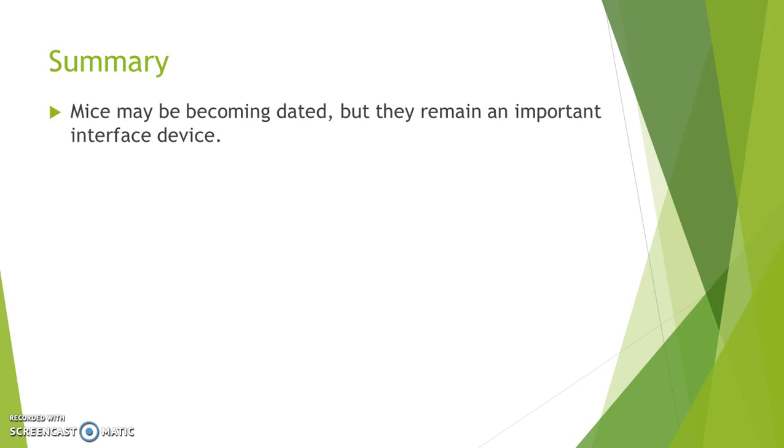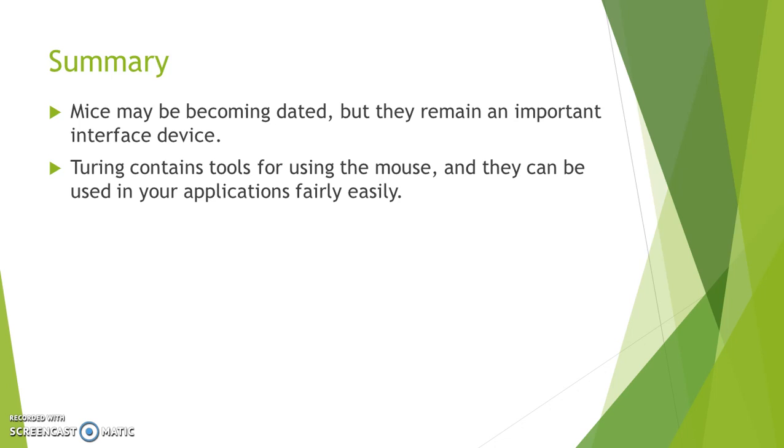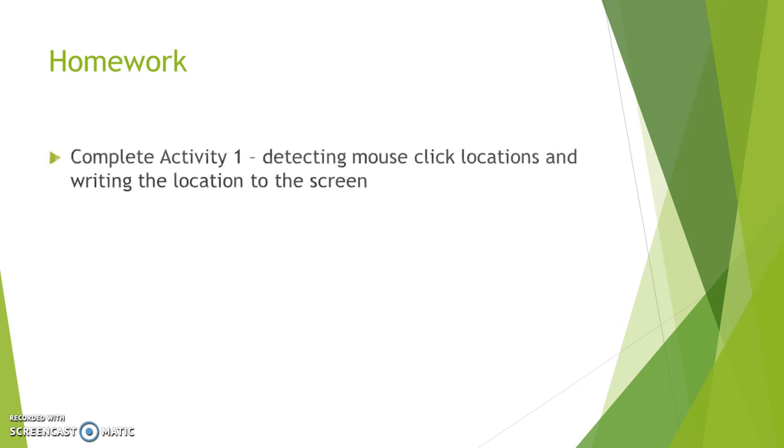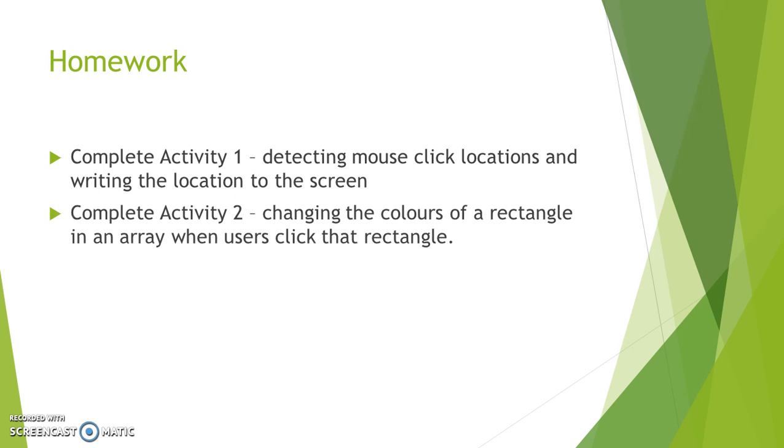Okay, so in summary, mice may be becoming dated, but they still are an important interface device, as we well know. Turing has tools for this, and your applications can use a mouse really fairly easily with a bit of work. For your homework, please complete activity 1, detecting mouse locations and writing the location to the screen.